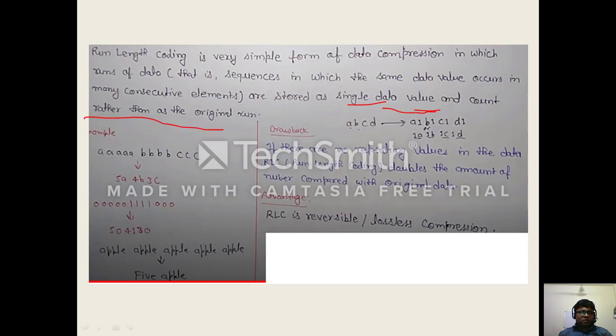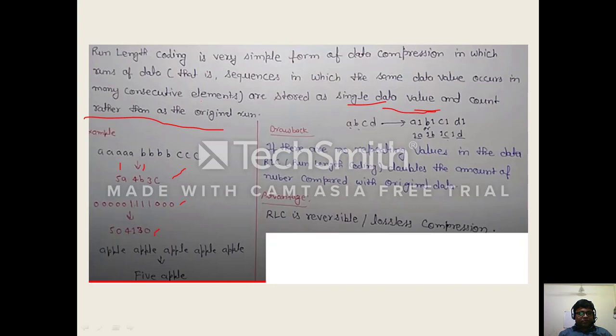For example, A, B, B, B, C, C, C, we can write 1A, 3B, 3C. Or we are given another stream of binary numbers, 5 times 0, 4 times 1, 3 times 0. We can write this as 5, 0, 4, 1, 3, 0.